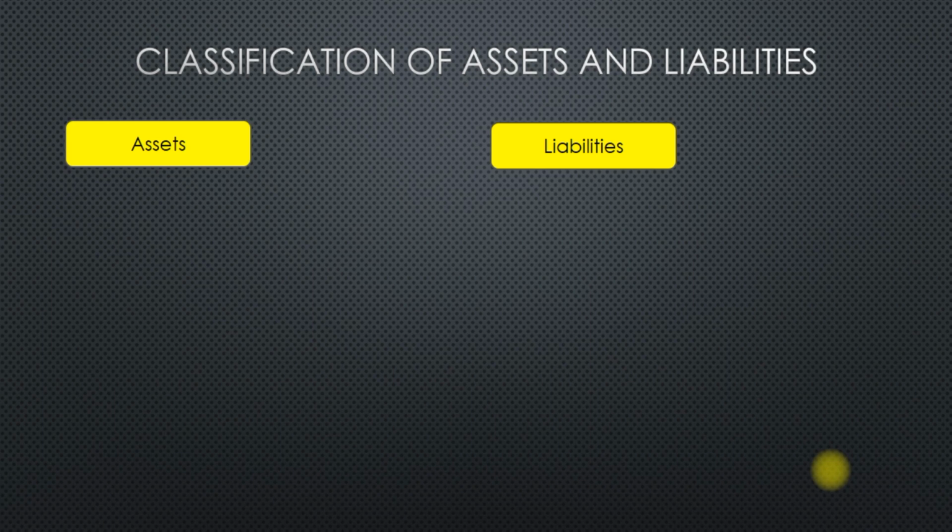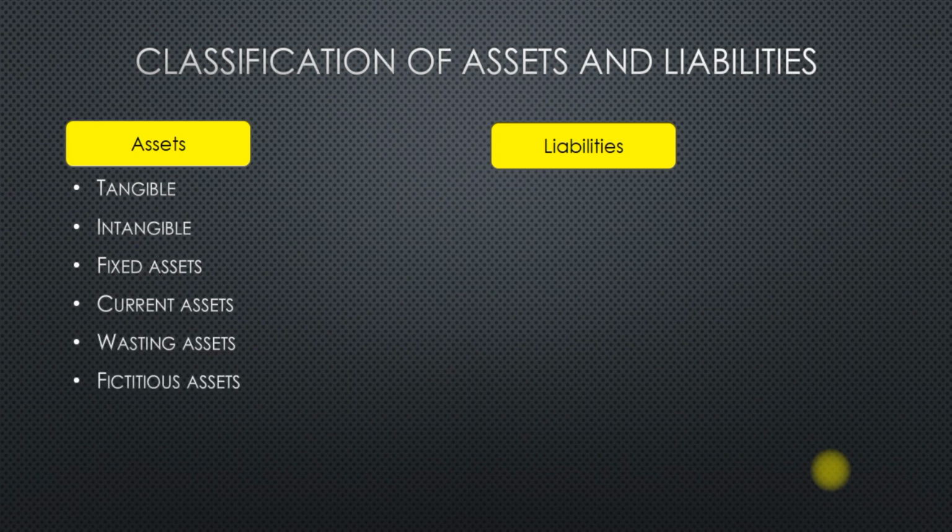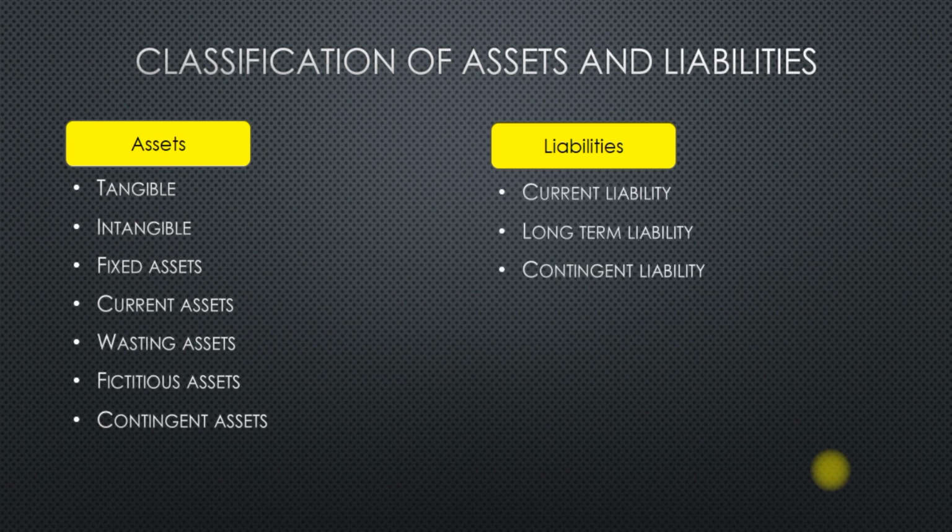So general assets may be classified into tangible assets, intangible assets, fixed assets, current assets, wasting assets, fictitious assets and contingent assets. General liability may be classified as current or short-term liability, long-term liability and contingent liabilities.